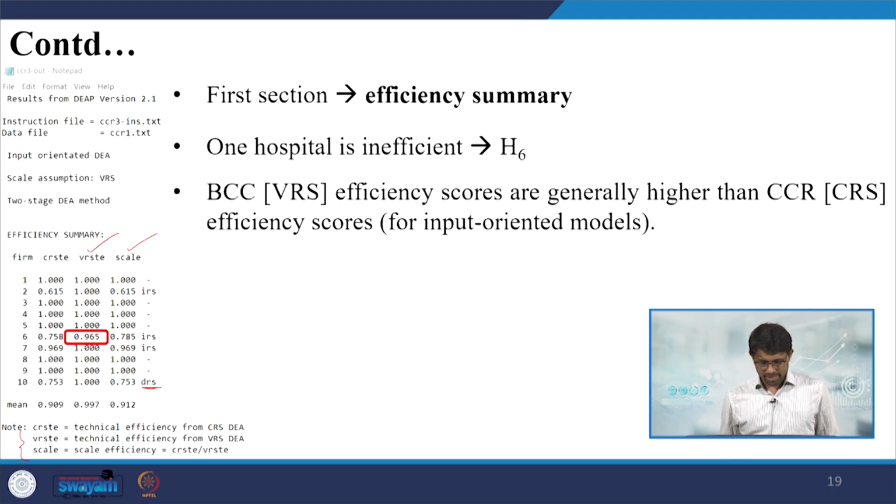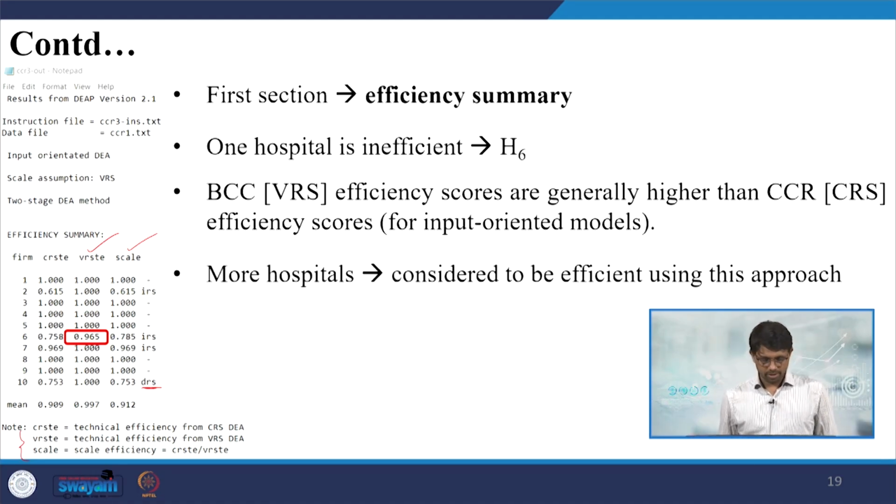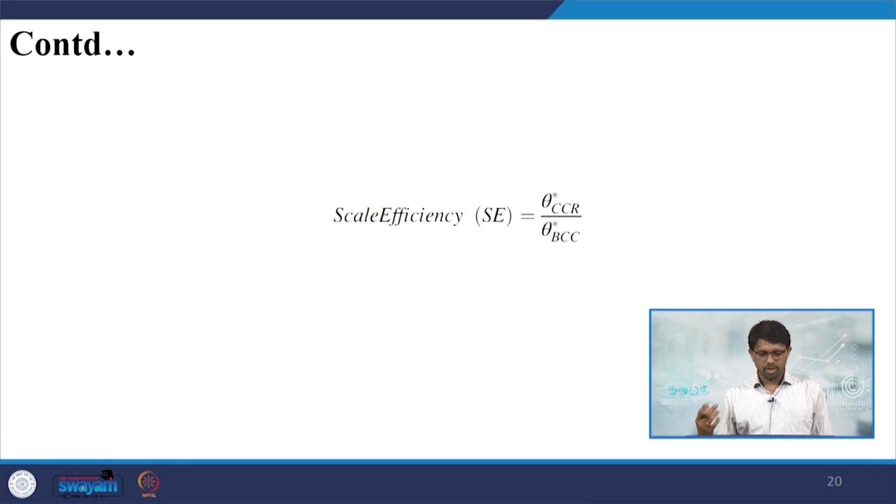So, BCC VRS efficiency scores are generally higher than the CCR efficiency scores for input oriented models. More hospitals are considered efficient using this particular approach whenever we have more hospitals or more DMUs. How is scale efficiency, the third column, derived? It is basically the efficiency score based on the CCR model divided by the efficiency score of the BCC model.